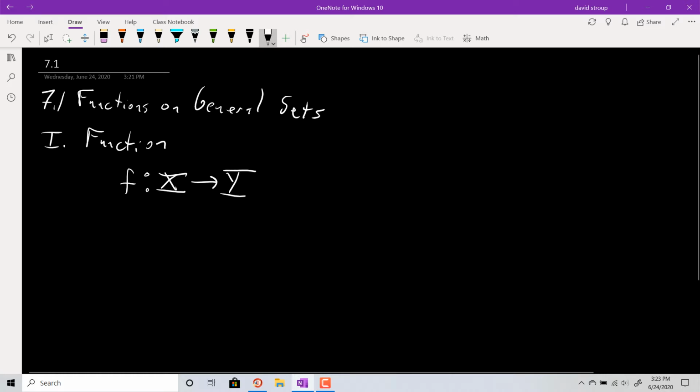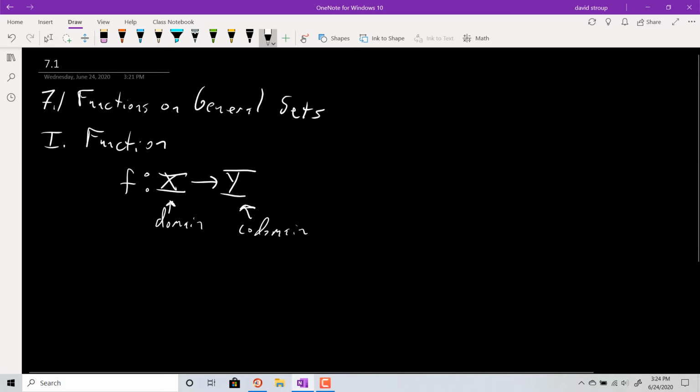Okay. This x set is called the domain. You're probably familiar with that word, not as familiar with this other word, codomain. Codomain is a more general way of talking about this y set. Usually you call it the range, but the problem with the range is the range might be a subset of the codomain.